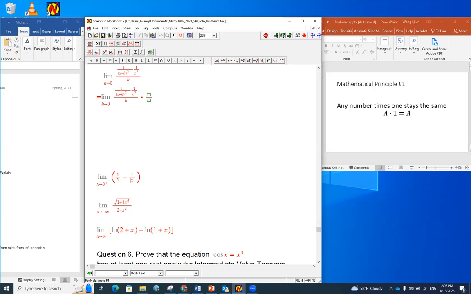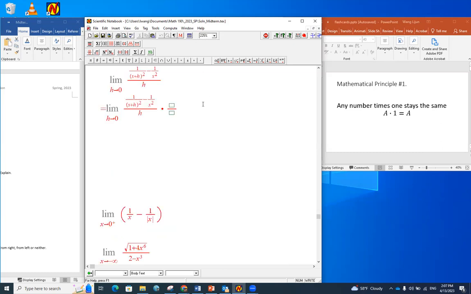Yeah, let me make the fonts a bit larger. Okay, the common denominator is x squared multiplied by (x plus h) squared. So we multiply by 1, principle number 1. And then numerator times numerator, denominator times denominator.